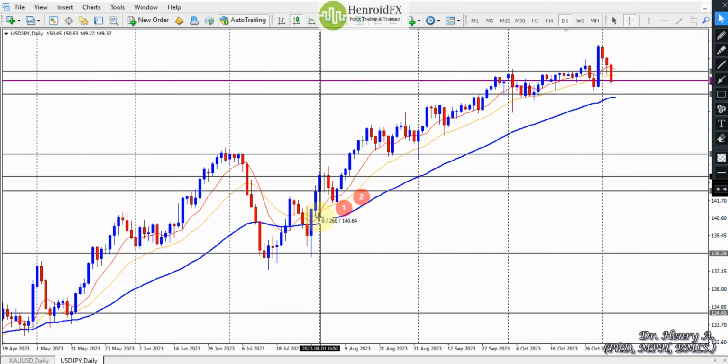What do you need to do? You double it. That will give you about 520, which will be your take profit 2. So 260 is your take profit 1, 520 is your take profit 2, on and on like that.